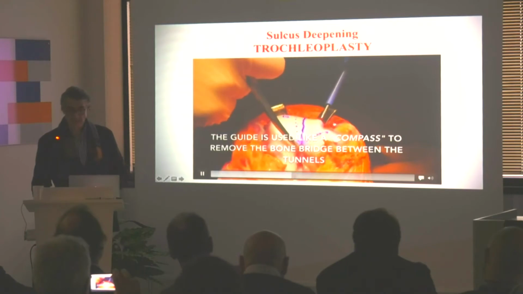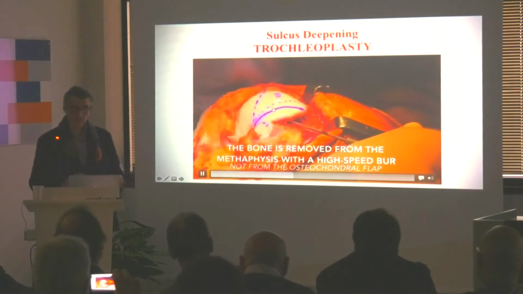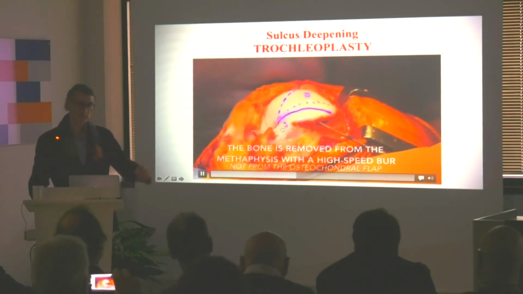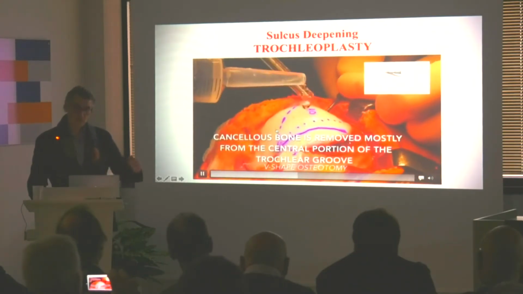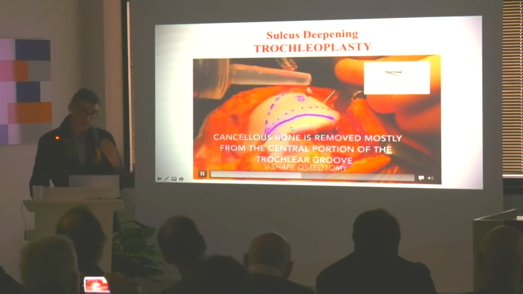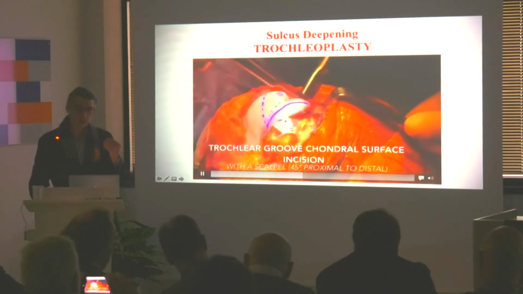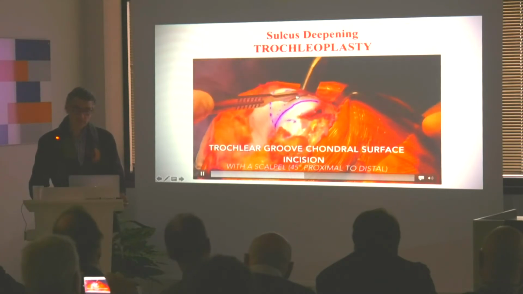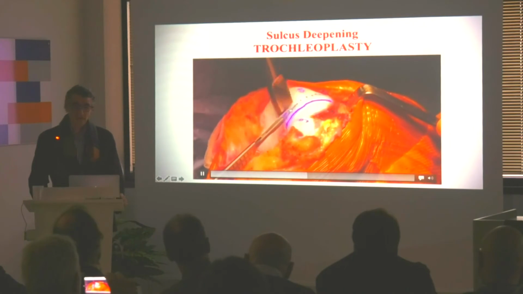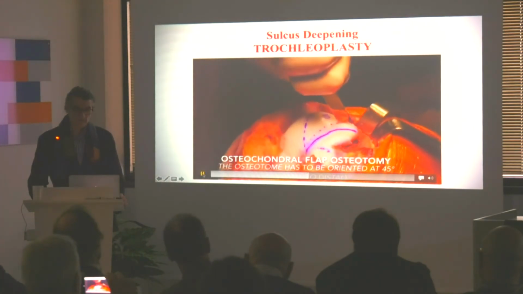So when I have done that, then with a compass and with a high-speed burr, you will clean the cancellous bone, but you remove the bone on the femoral side, not on the trochlear side. So it is a real osteotomy. Then you cut the cartilage with your knife, not to damage it. Then you take the osteotome, 45 degrees angulation.